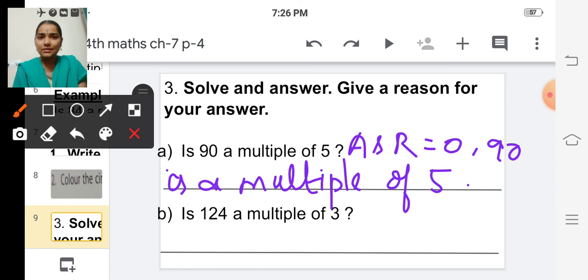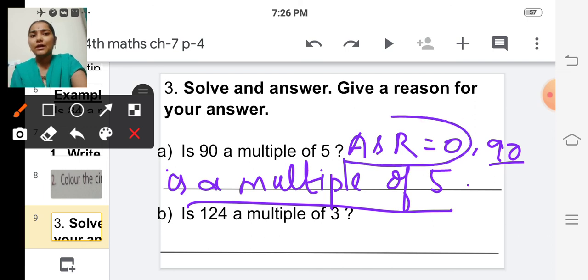As remainder is equal to 0, 90 is a multiple of 5. So we know that 90 is a multiple of 5. What is the reason? Remainder is 0. Okay. So you can copy down in your textbook, children. So as remainder is 0, 90 is a multiple of 5.